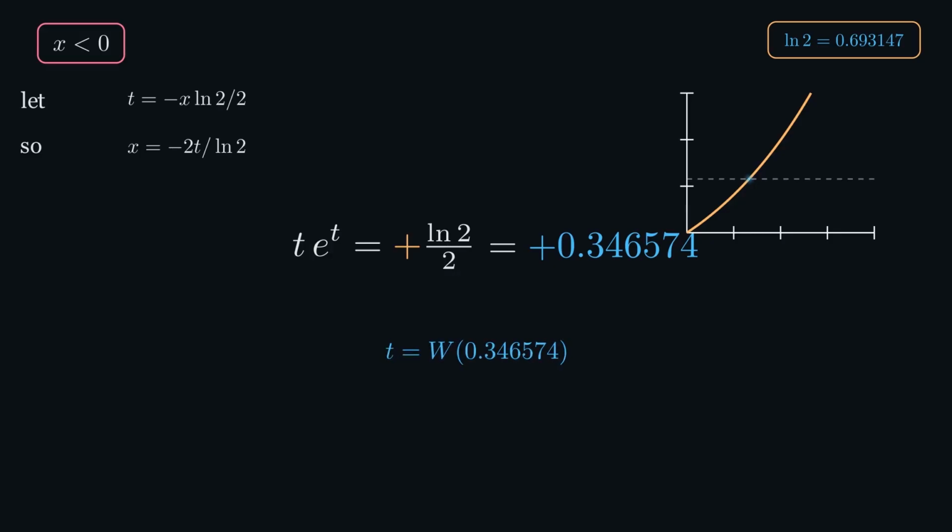t equals W of 0.346574. No exact closed form this time. The universe isn't that generous twice in one night. So we grind.